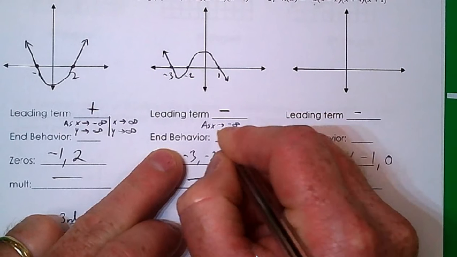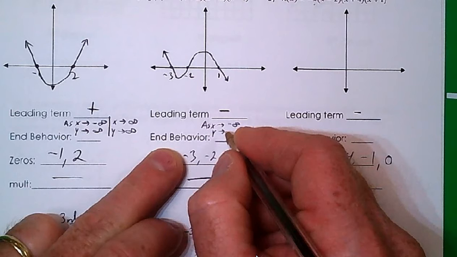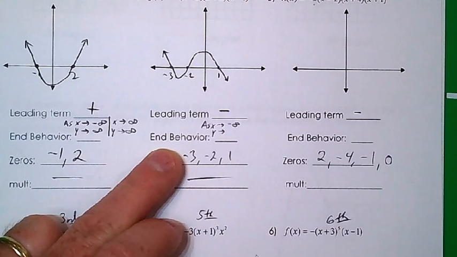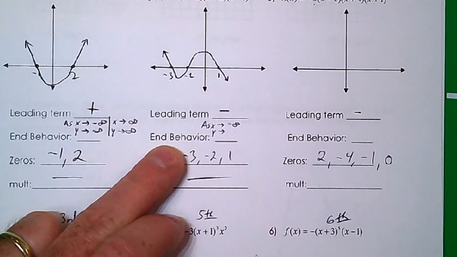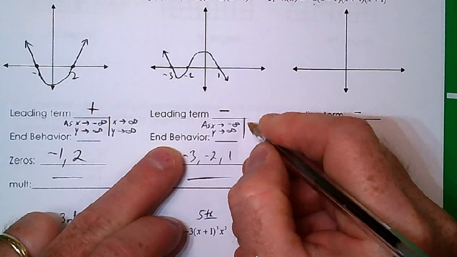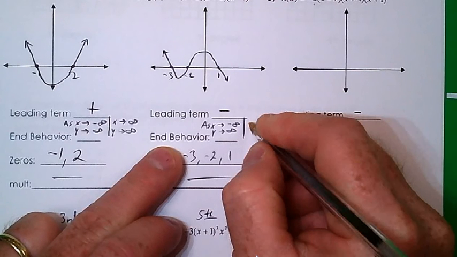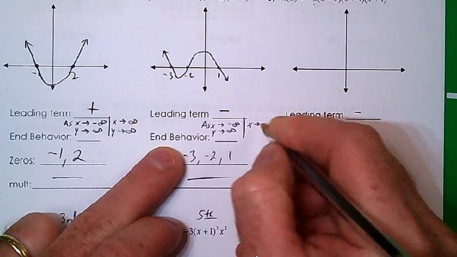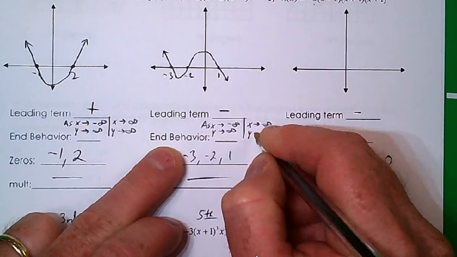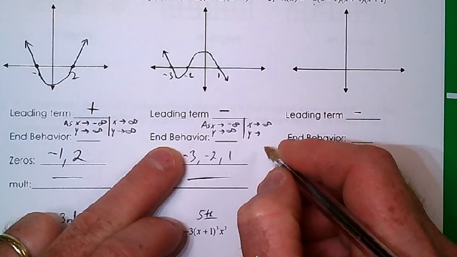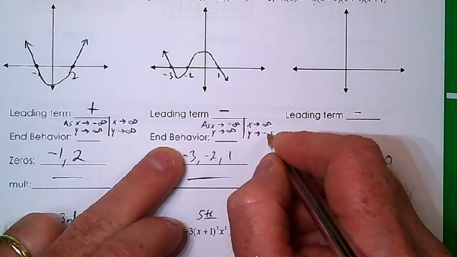Positive infinity. It's going up. And then as x approaches positive infinity, y approaches what? Negative infinity. Very good, because it's going down.